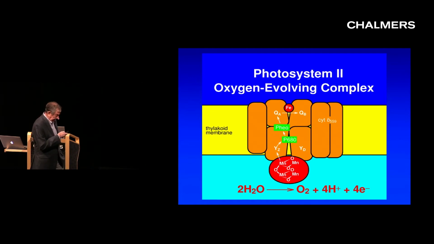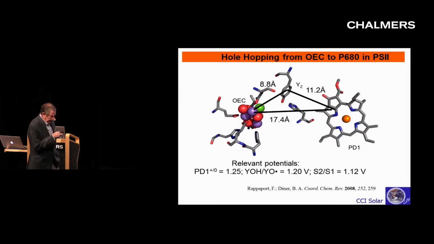So the idea is you excite P680, you have two short tunneling times, which are very, very fast. So hopping through the tyrosine means that this reaction that goes in to put holes into the oxygen evolving complex so you can oxidize water to oxygen is over 100 to 1,000 times faster than the single-step tunneling back.